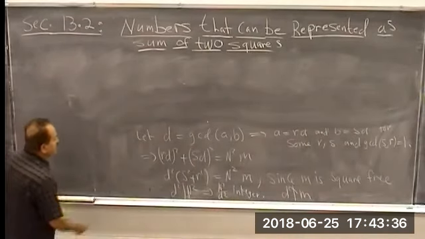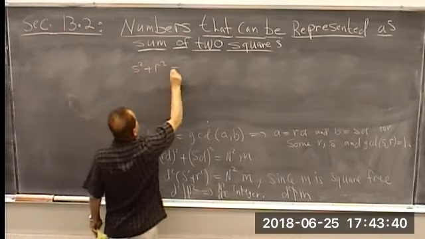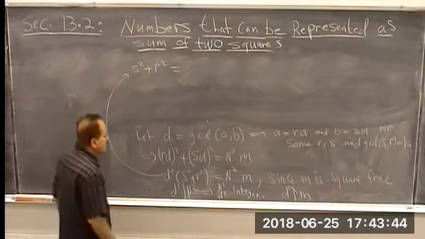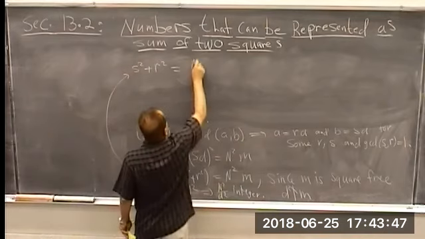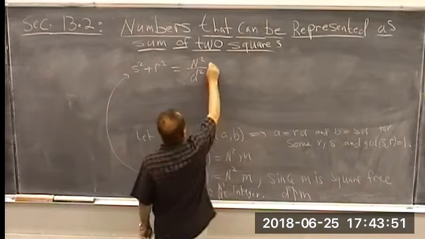So this implies that s squared plus r squared, we can rewrite this equation here as n squared over d squared times m.